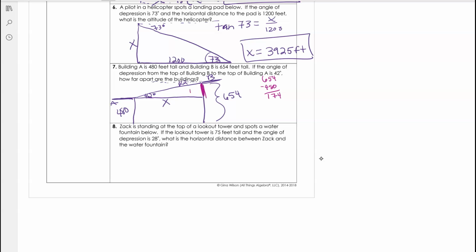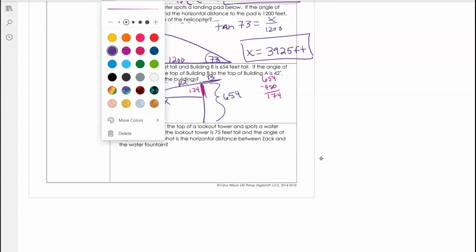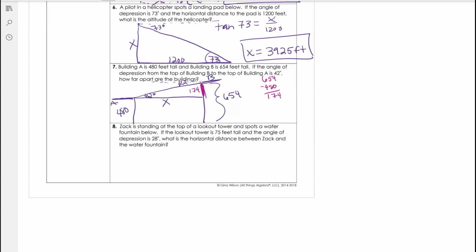So we know that this is 174 feet that we're dealing with. So we are dealing with a tangent of 42 degrees is equal to 174 over x. Ultimately, you're going to find out that x is equal to 193.2.